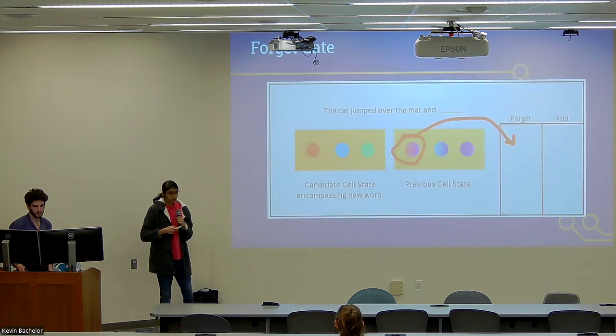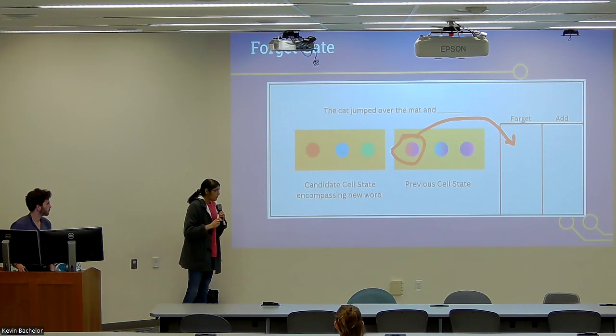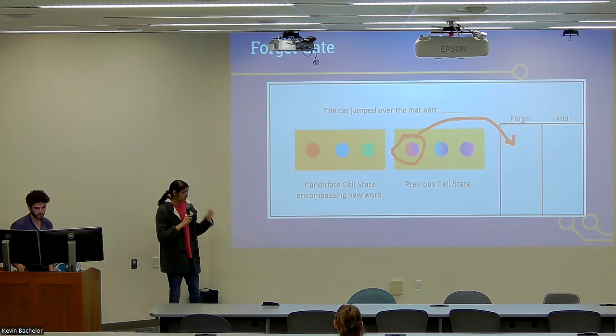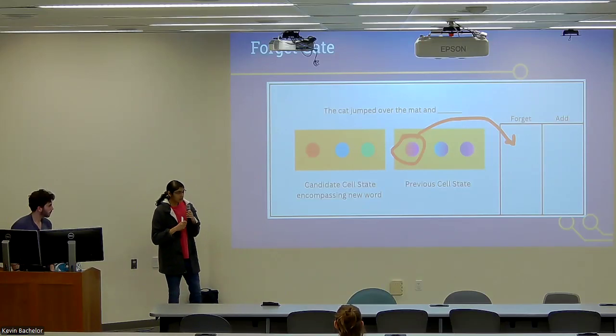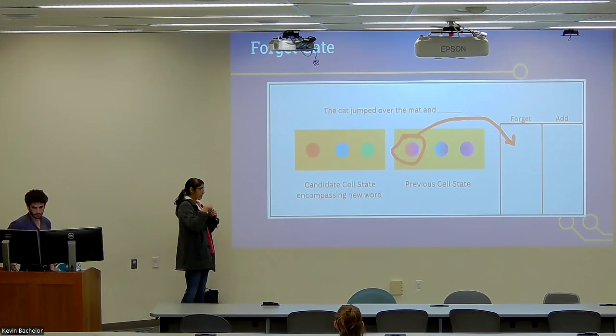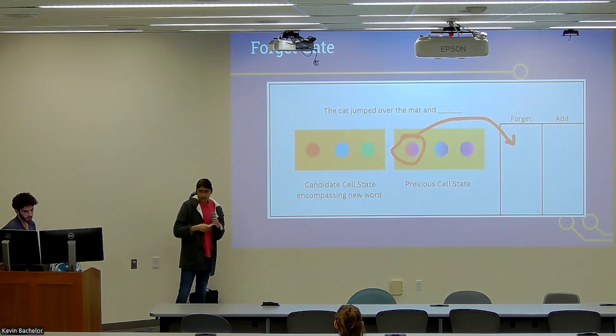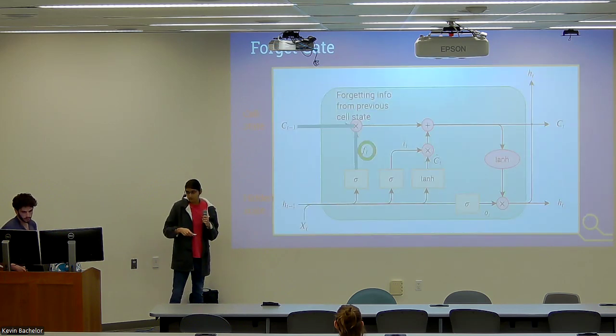Next. So if we go back to the example that we just covered, we have this house as its previous cell state, and we want to remove some stuff from it. So we want to forget some stuff. We can think of it as we applied the forget gate to our house. Can you go back?